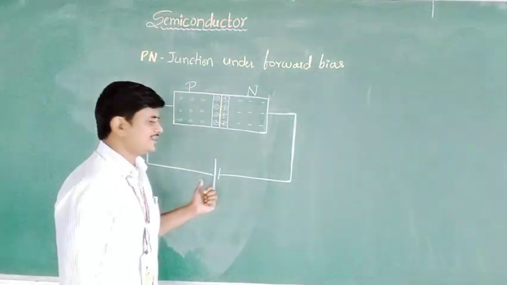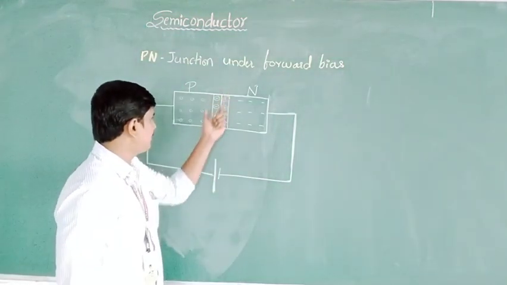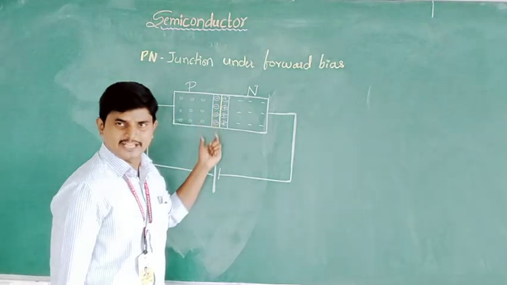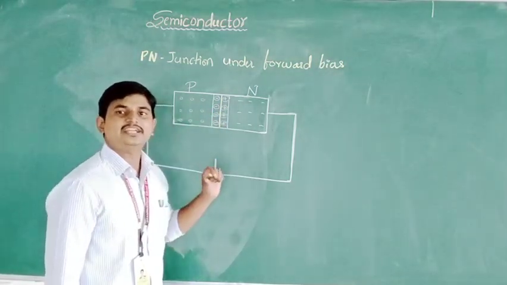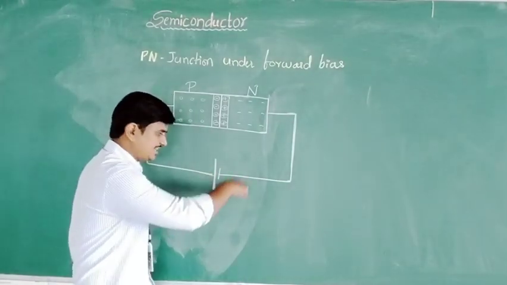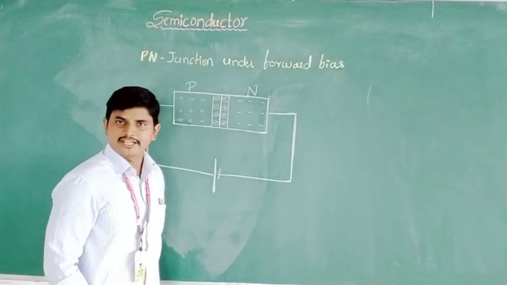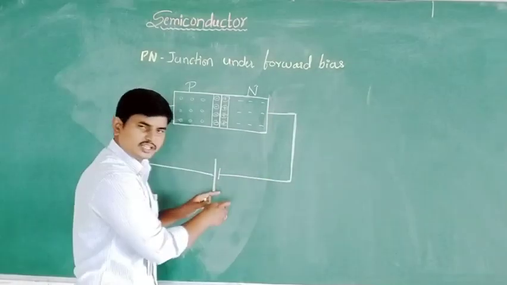Under the forward bias, what happens here? The barrier voltage or potential barrier can vary by application of an external voltage through this external circuit.